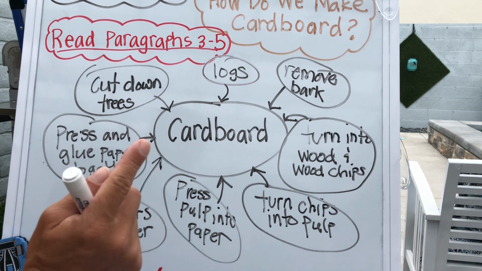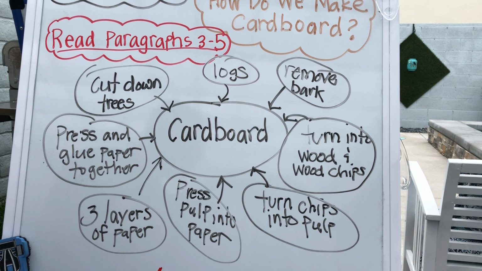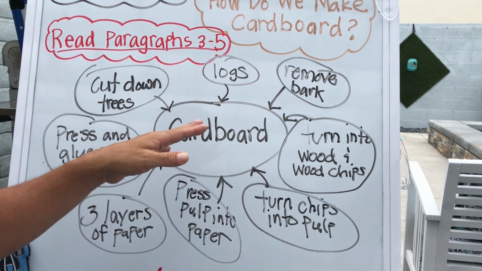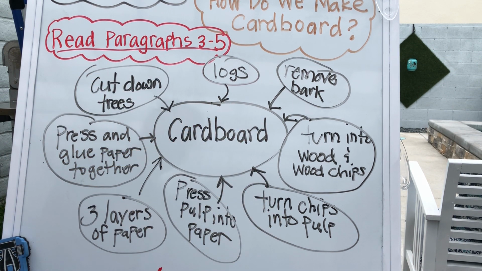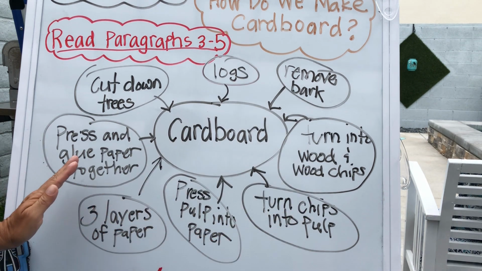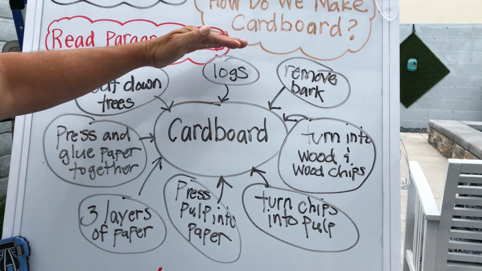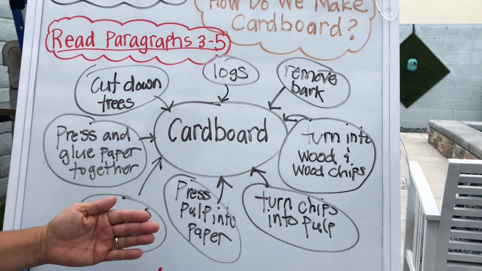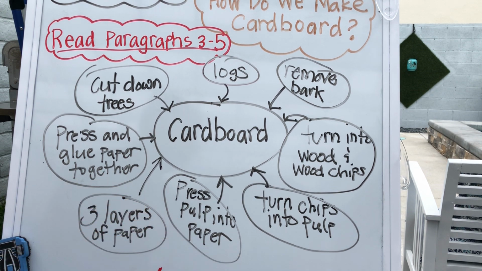Now yours might be just like mine, but I hope you try to find different ideas too. So you can use what I used, or I think you should do the work yourself and practice at home just like I did. Alrighty? So that's what you're gonna do today. Today for homework, I want you to make a web, a little organizer, and write down all the ideas that you found that show us how to make cardboard.